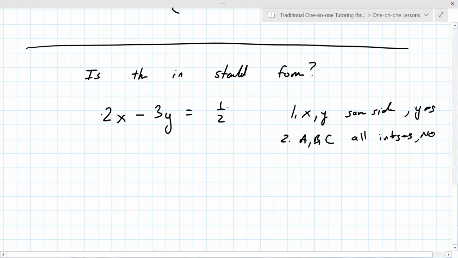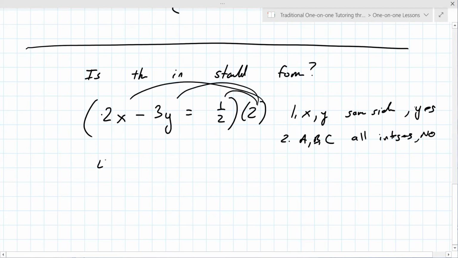Okay. So what can we do with this so that this 1/2 becomes a whole number? Well, you can multiply. What would you multiply by? How about 2?